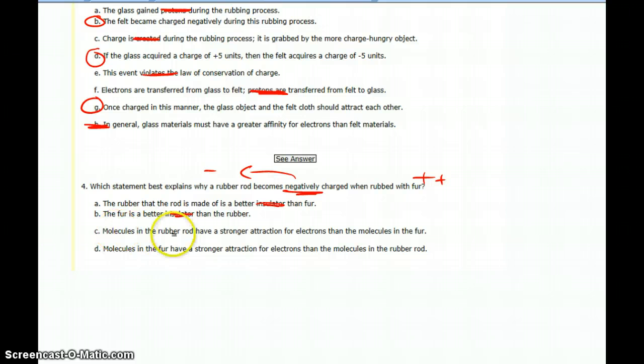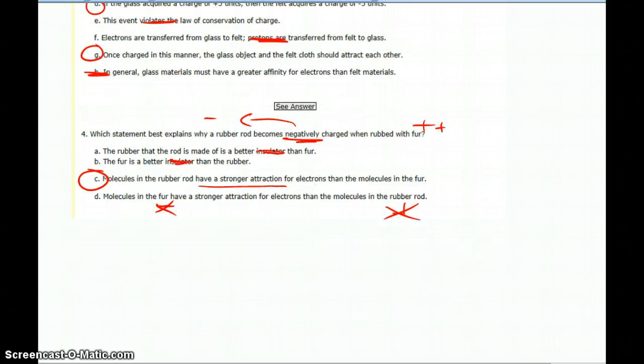So that means the rubber rod has a stronger attraction and is going to pull the electrons from the fur. So it is this one. It's not that the fur has a stronger attraction. If that were the case, the fur would become negative and the rubber rod would become positive, but that's not what happened.